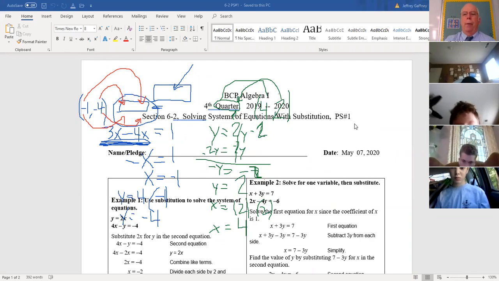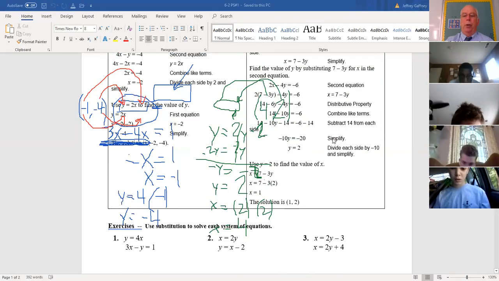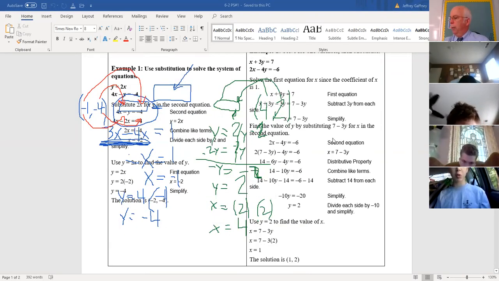Are you looking off Blackboard, or just off the screen? The one that you sent me to send back to you, I think that's problem set 2. Hold on, let me check. We're working on 6.2 problem set 1. This is 6-2 problem set 1. Okay. I don't think I put it on Blackboard unless I did it yesterday inadvertently, but I will make sure it's on there at the end of class today.